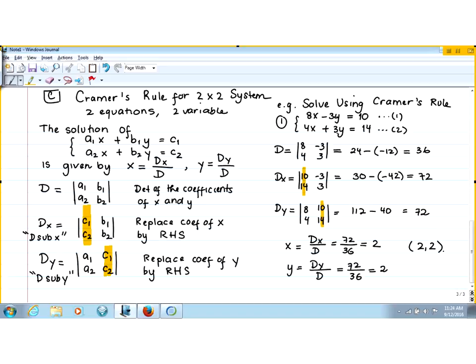So what's your solution? 2, 2. But this method is a little bit longer than the addition or elimination or substitution, right? So we usually don't use this. Yeah, but we have to know, right? We want to use Cramer's rule also. Yeah, is it easy?